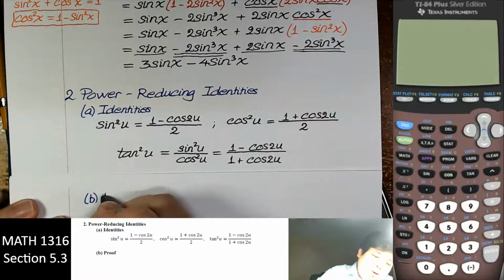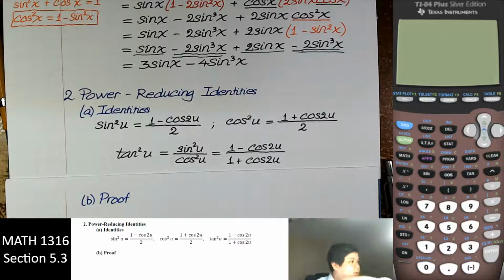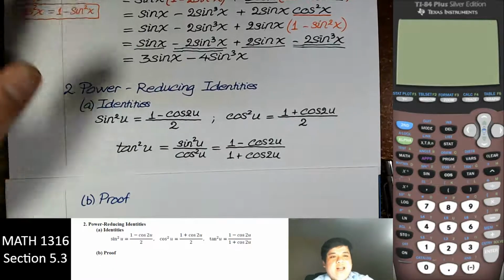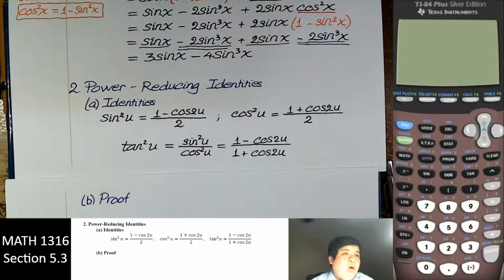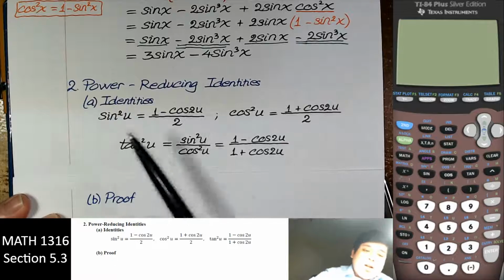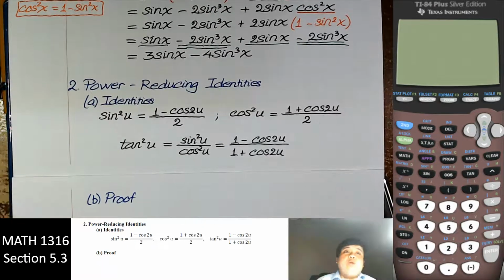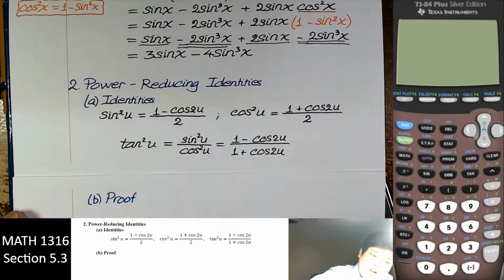Right, proof. And to prove this is very simple. So we're building out what we already have, and what we already have is a double angle. Look at the proof though. We have cosine of 2u and cosine of 2u. So it's very useful that we need to use the cosine of 2u.